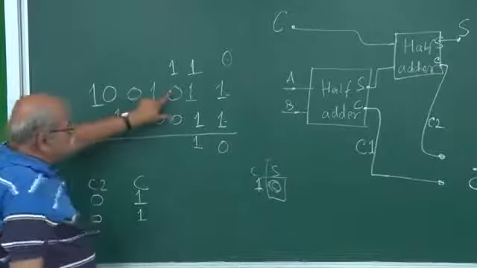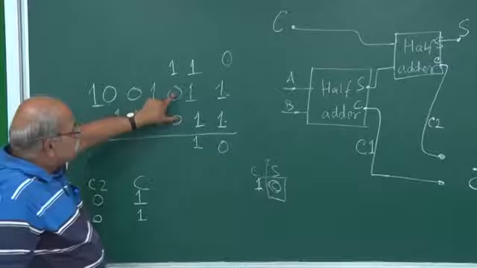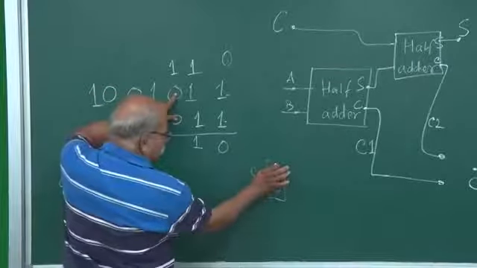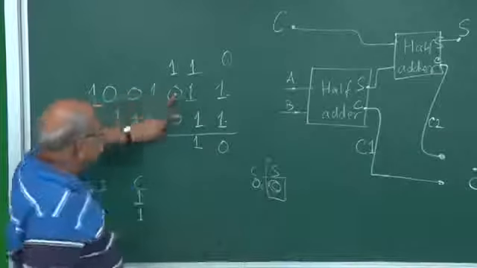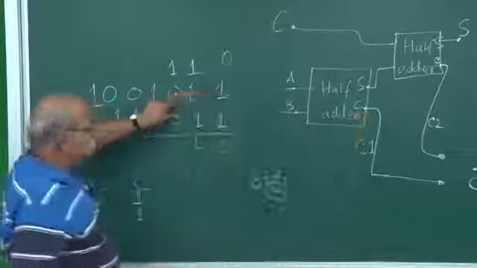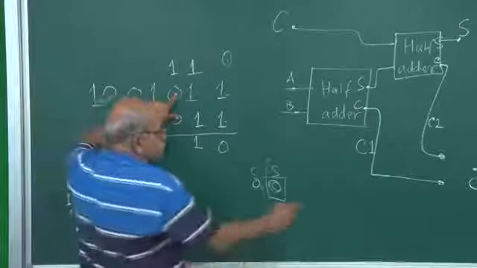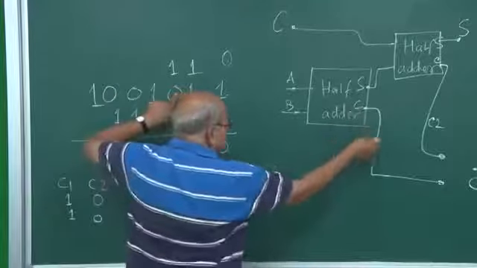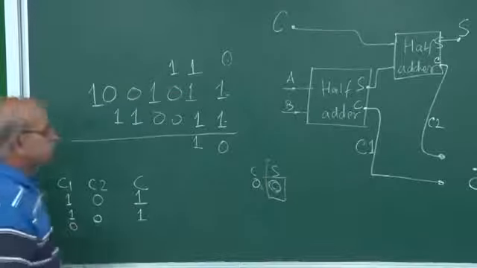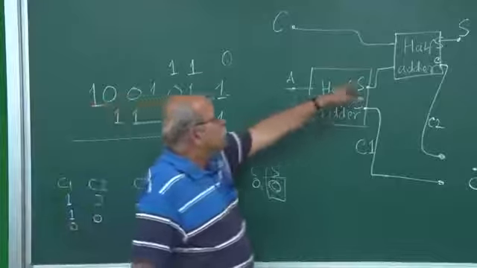Now see here, look at this. 0 and 0. This is A, this is B. The sum is 0 and the carry is also 0. So C1 is 0. And then come here.